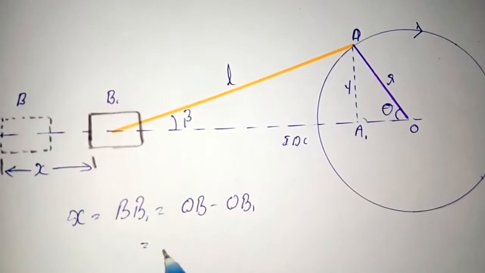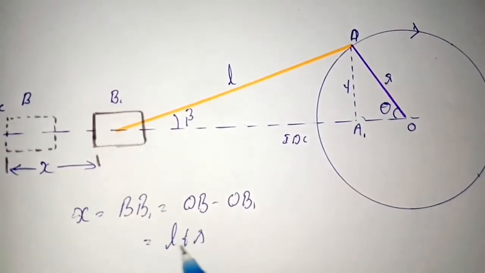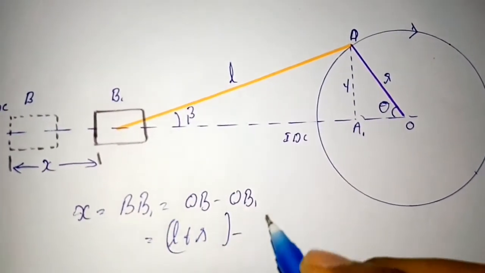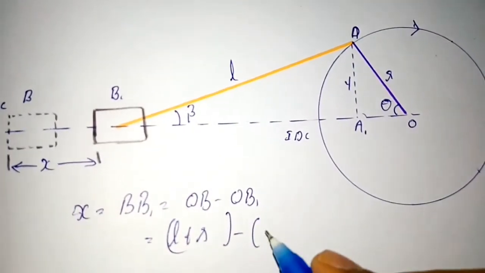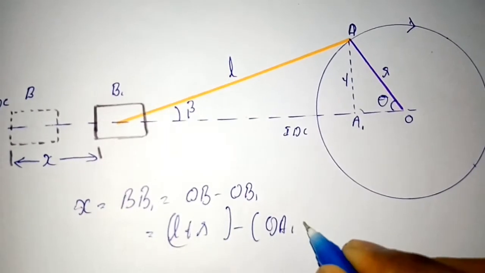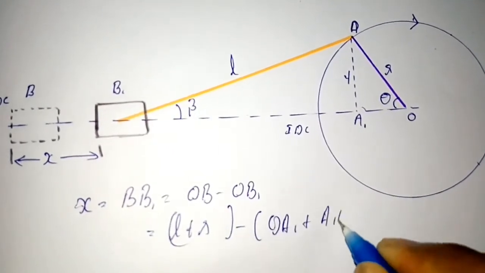So we can write OB as L plus R minus, and we can replace OB1 with OA1 plus A1B1.